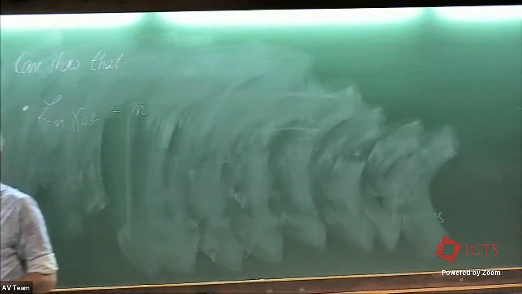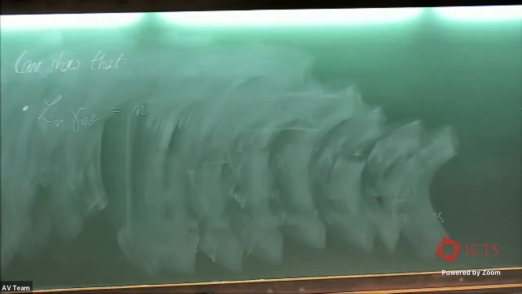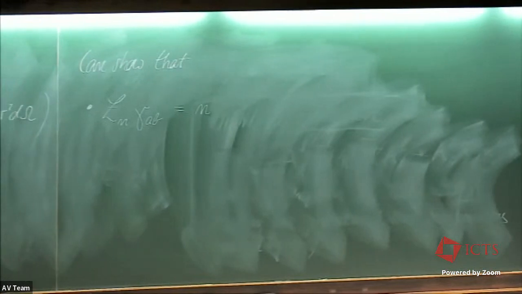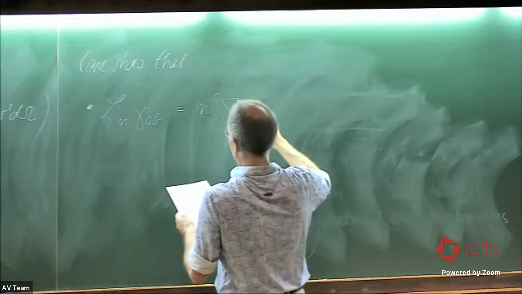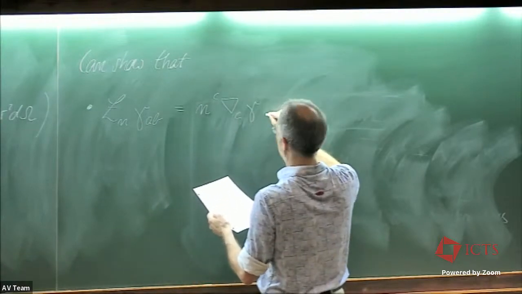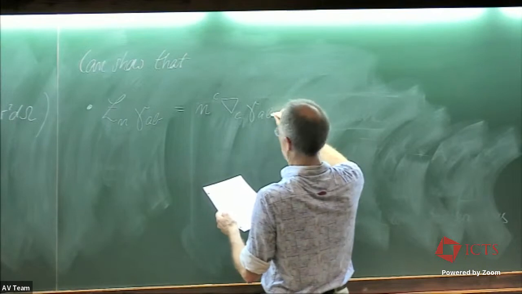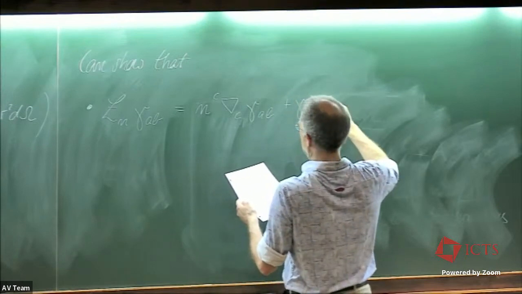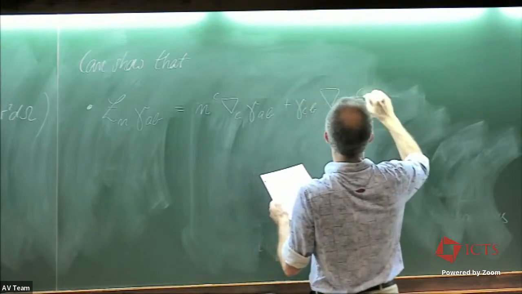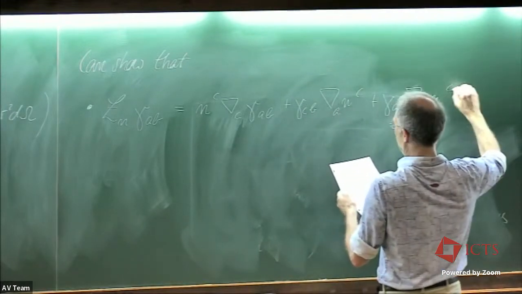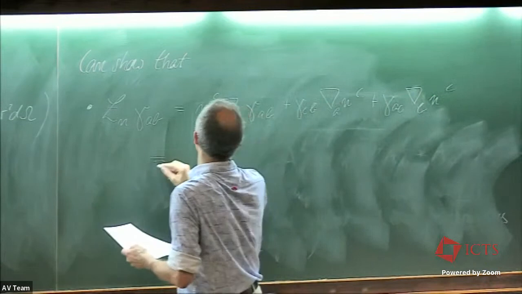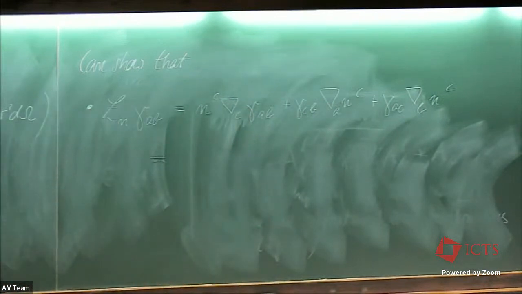So far we've used it only for rank 1 tensors. We could look up what it is for a rank 2 tensor, and then we would find we could write it as N^C times the nabla operator, N^C nabla_C gamma_AB, plus gamma_CB nabla_A N^C, plus gamma_AC nabla_B N^C.